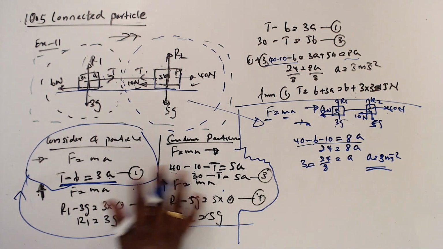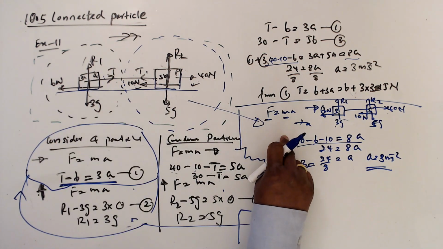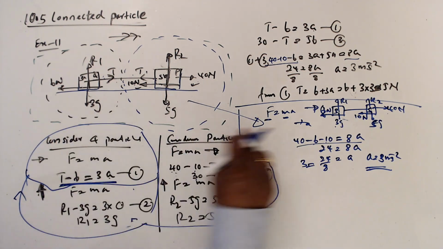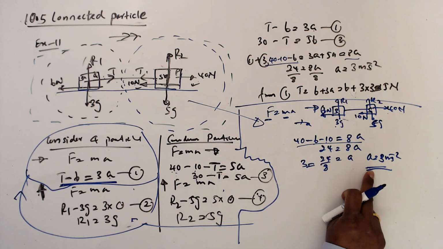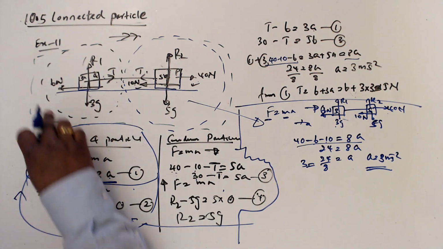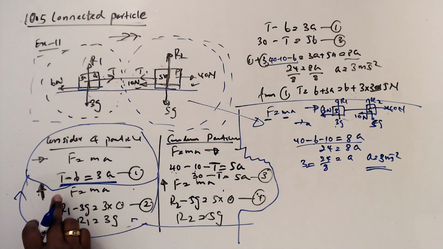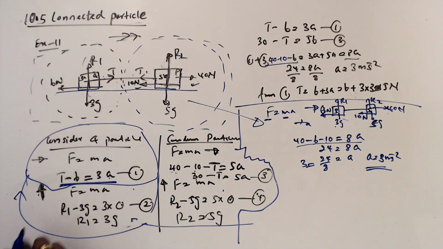Either work through with both and simplify, or go straight to this one, consider the whole system and find the acceleration directly, and then write an equation to obtain T by considering either this one or this one. With this equation you can find the tension.